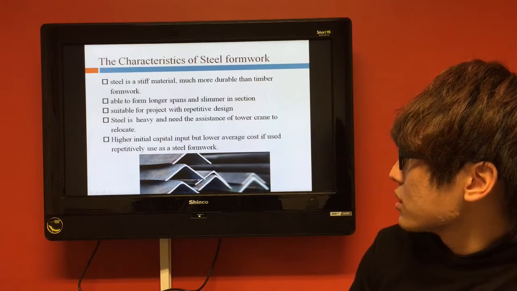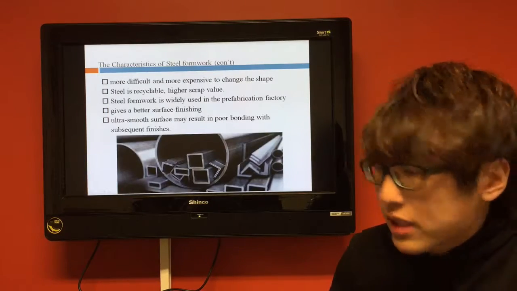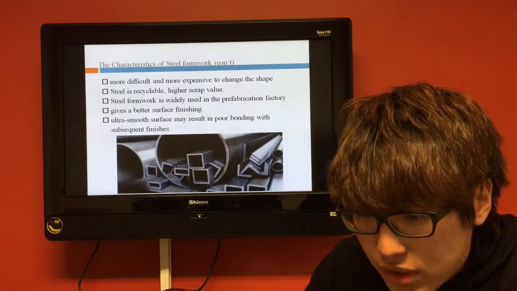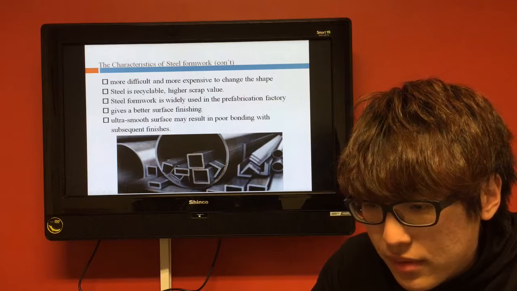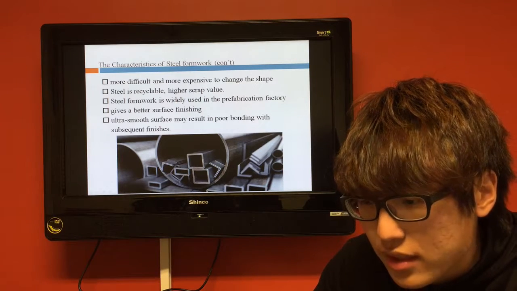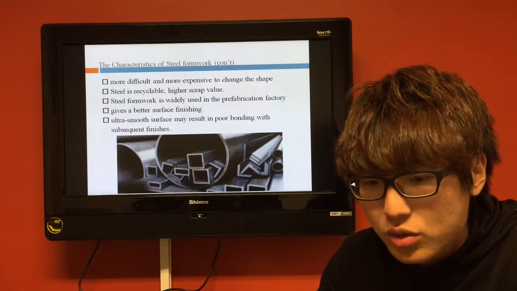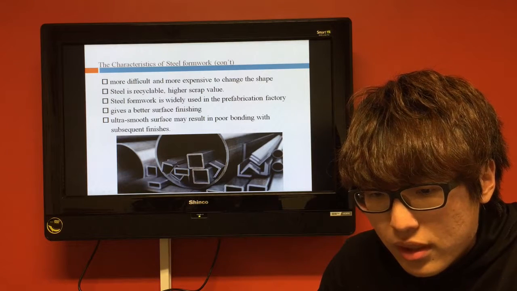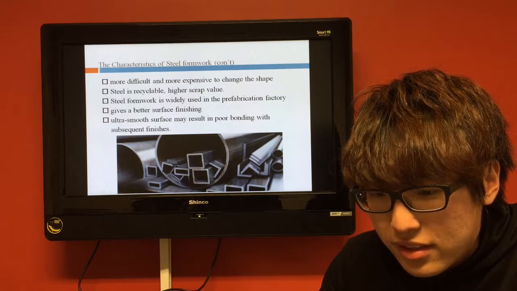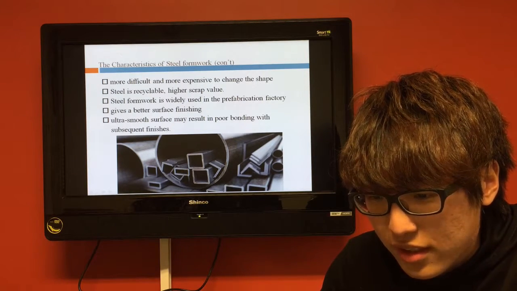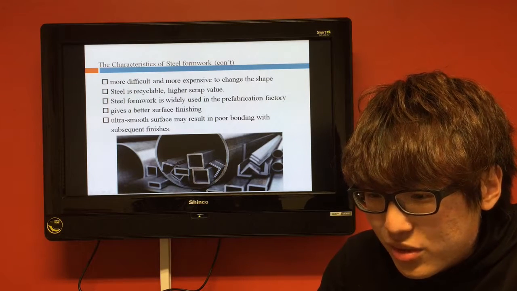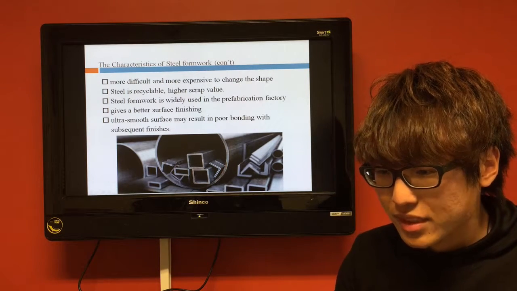Also, steel is recyclable, with higher scrap value. Steel formwork is widely used in the prefabricating factory for repetitive work due to its durability.